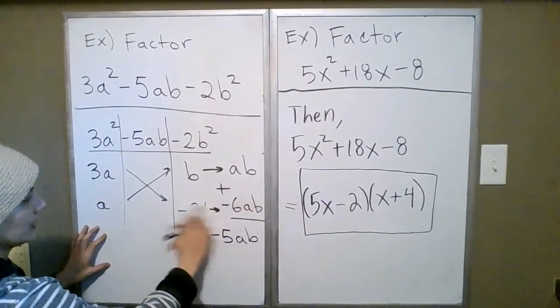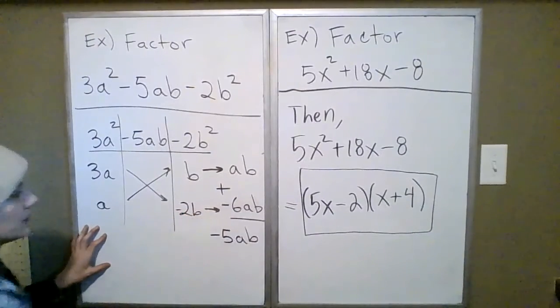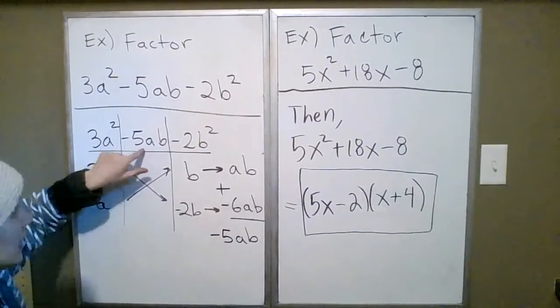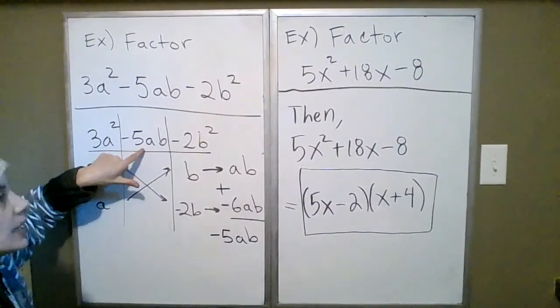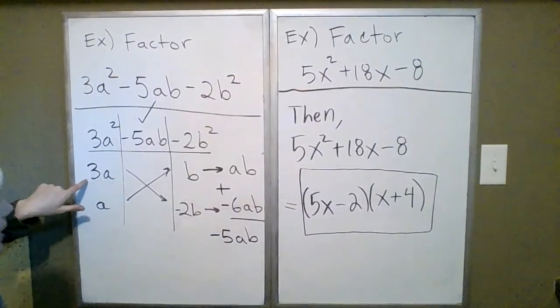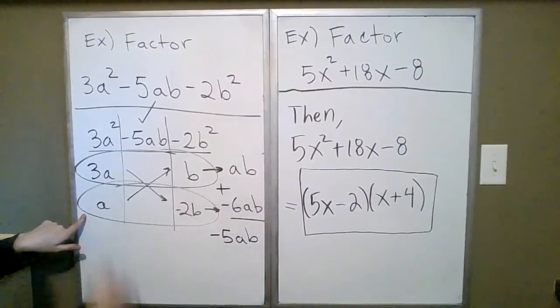This is messy. Okay, so if we've got a match, negative 5ab is the middle term. So I got lucky with the right guess on the first try. You factor this to a 3a plus b times a minus 2b.